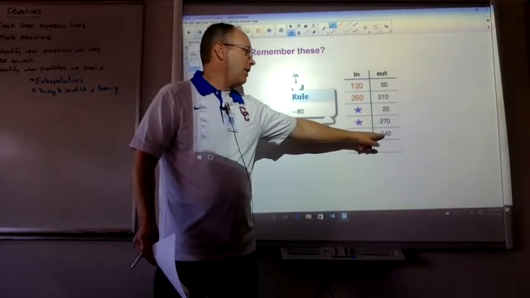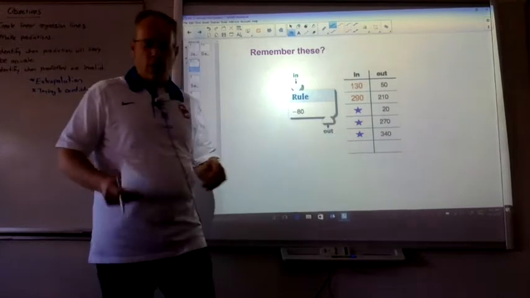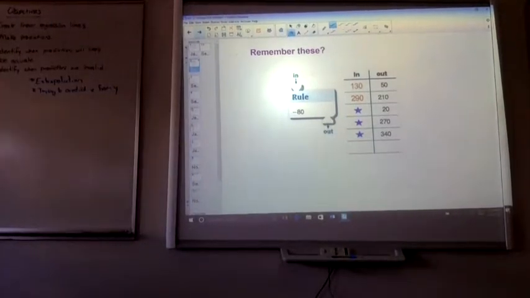We have to add 80 to it because we had to subtract 80 to get to that, right? So if we add 80 to 340, what do we get? 460? 260? No, it has to be bigger because you're subtracting. The left column you put in would have to be bigger because you're subtracting to get to the right column. 420? Yep. Okay.